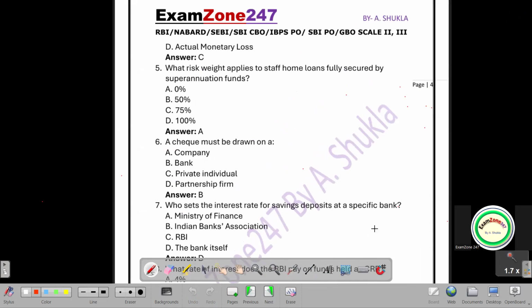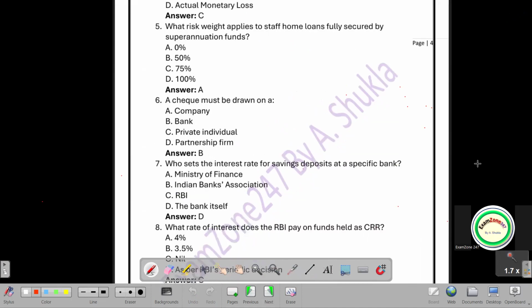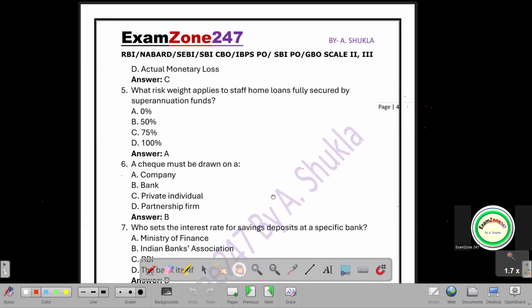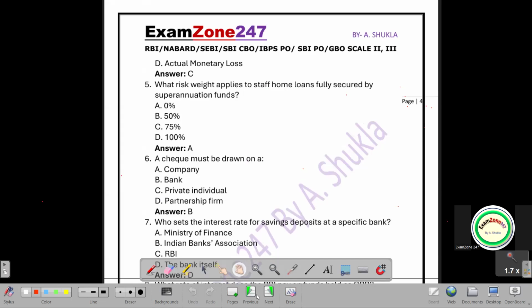Now we come to risk weight. I will be sharing a separate PDF related to risk weight soon. I have already shared this PDF, but a separate one I will share. See, what is the risk weight applied to staff loans fully secured by superannuation benefits? This option is also incorrect.